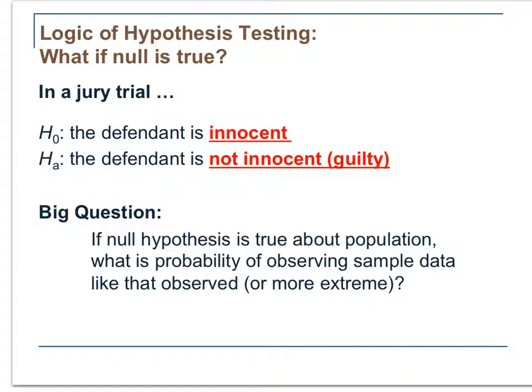And then we get data, or you go out and collect data yourself. That data is your evidence. In a jury trial, you can have a witness, video evidence, or some other evidence that comes in to say, if this video surveillance or this witness is telling me the truth, I have evidence to say that the defendant is not innocent, is guilty.